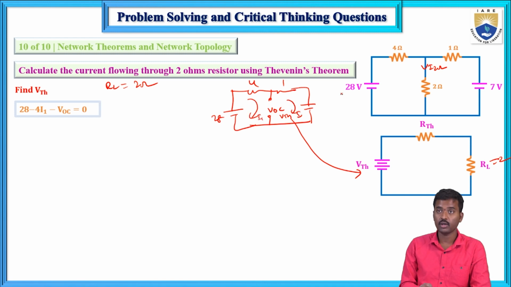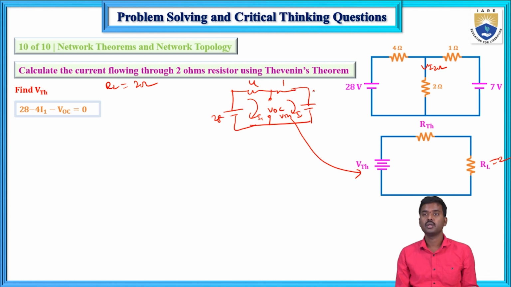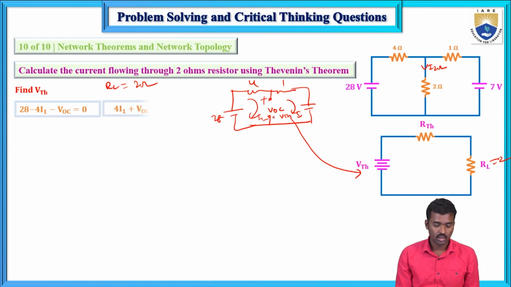Here I1 equals I2 because it is an open circuit. Same current flows through the 4 ohms and 1 ohm because it is an open circuit. Open circuit current is 0. If you apply KCL also, it will be satisfied. 28 minus 4 I1 minus VOC equals 0, this is plus and this one minus. So 4I1 plus VOC equals 28. This is equation number 1.